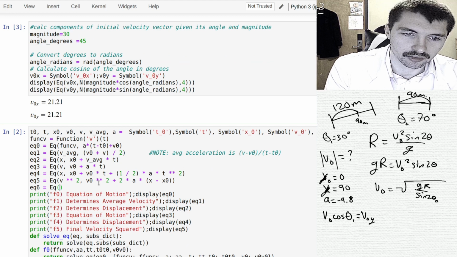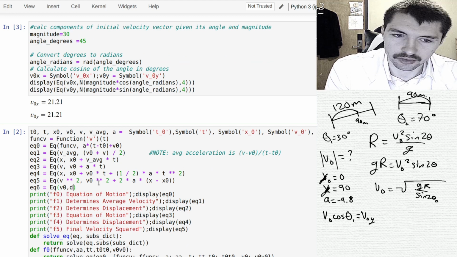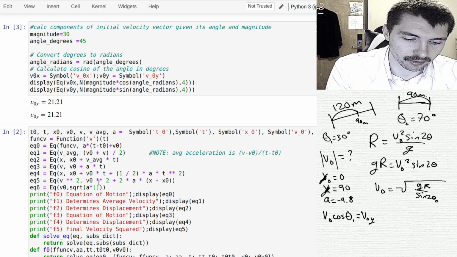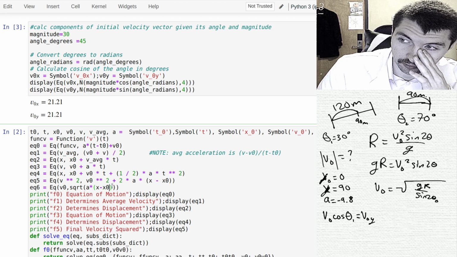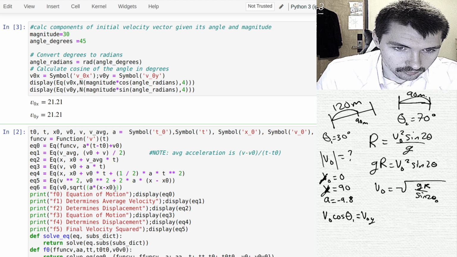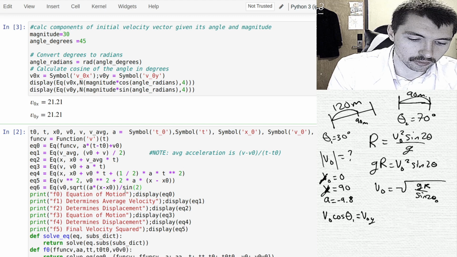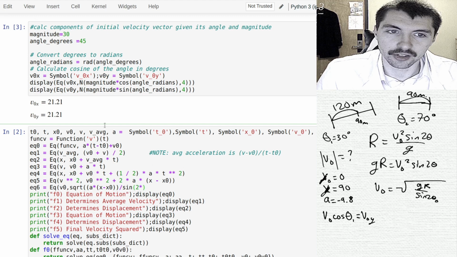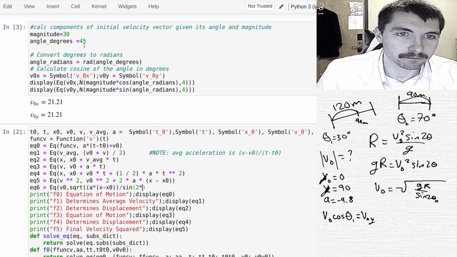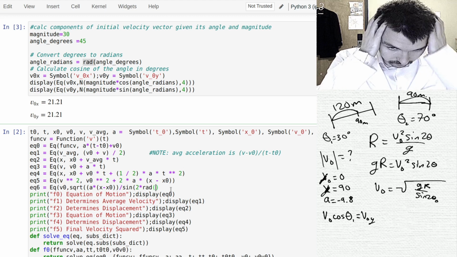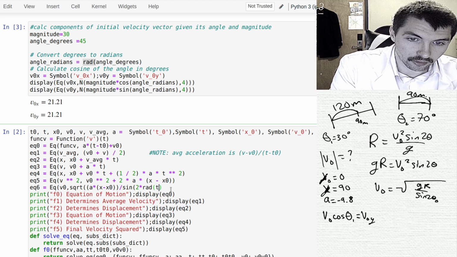So V naught is the square root of A times X, A times X minus X naught, over sine 2 times theta. So we need theta.